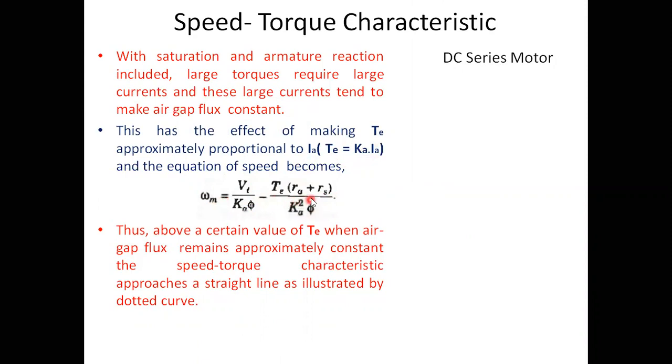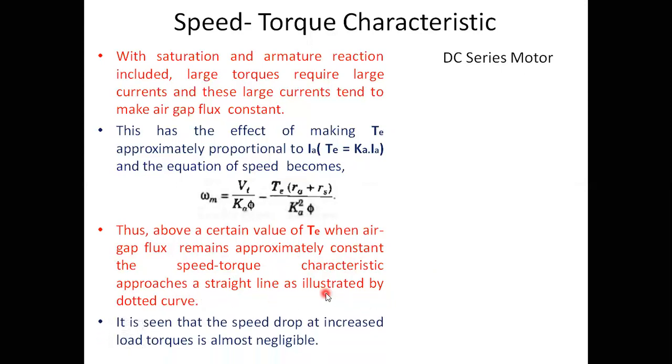When the current is large, and torque is given by K Ia, thus above a certain value of torque, with air gap flux remaining approximately constant, the speed torque characteristic approaches a straight line, as shown in the previous curve.